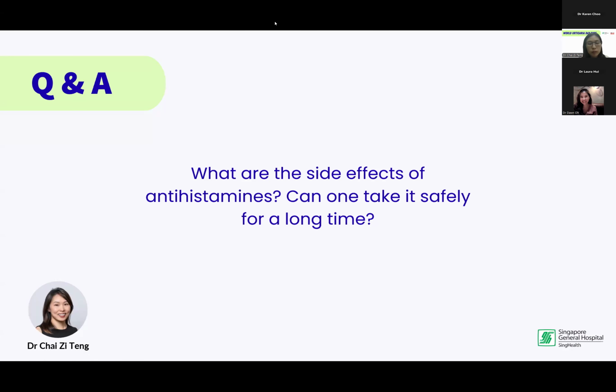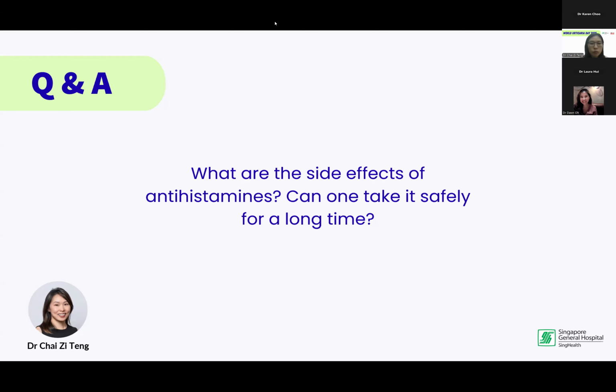Whether it can be safely taken for a long time, in general, although the non-sedating ones are quite safe to use, once we identify that your urticaria is well controlled, we do want to reduce the amount of medication to be taken. But it's more of a balance. If you don't control the problem, you will have these hives, and it will affect, in general, a lot of your work function, your sleep, your quality of life, and it might go on for a long time.